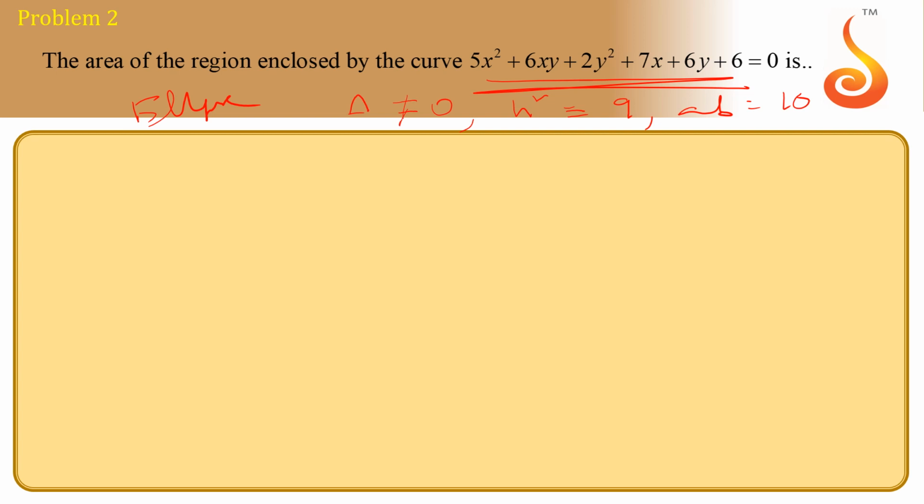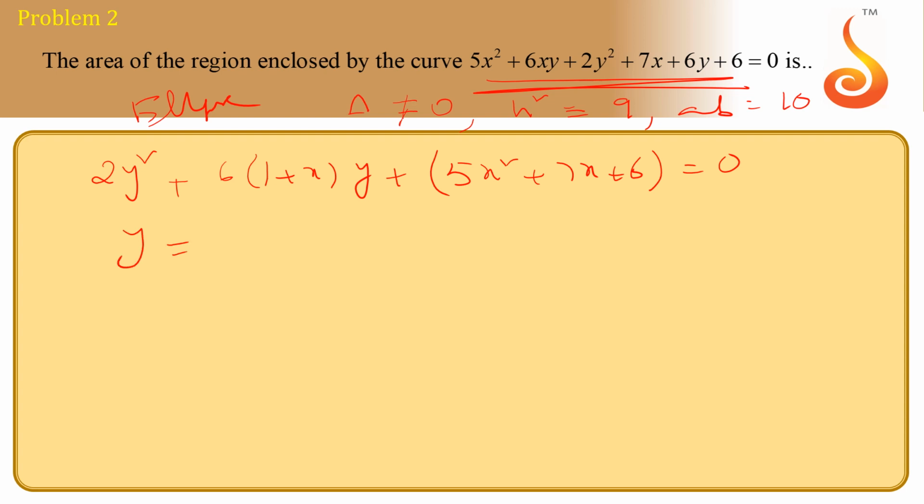So if you observe carefully, you can get the axis equation, or if you express this as 2y² plus 6 times (1 plus x) into y plus 5x² plus 7x plus 6, I wrote it as a quadratic equation in y.